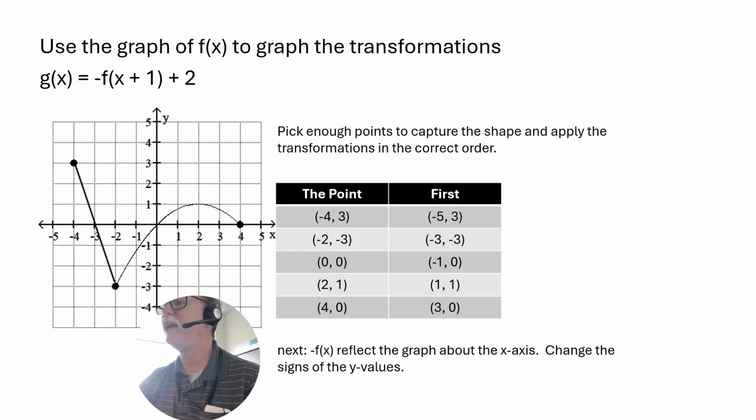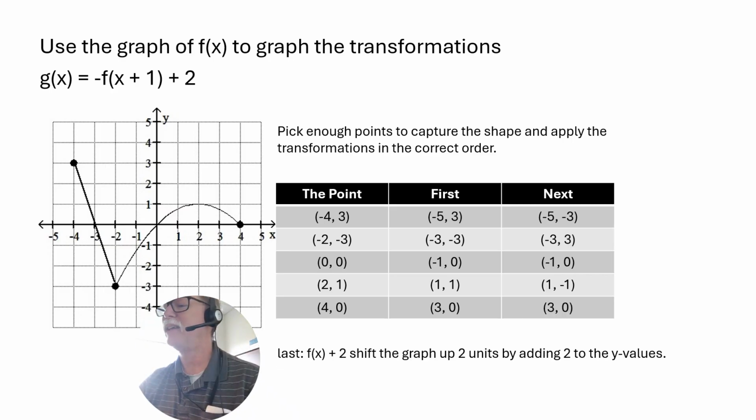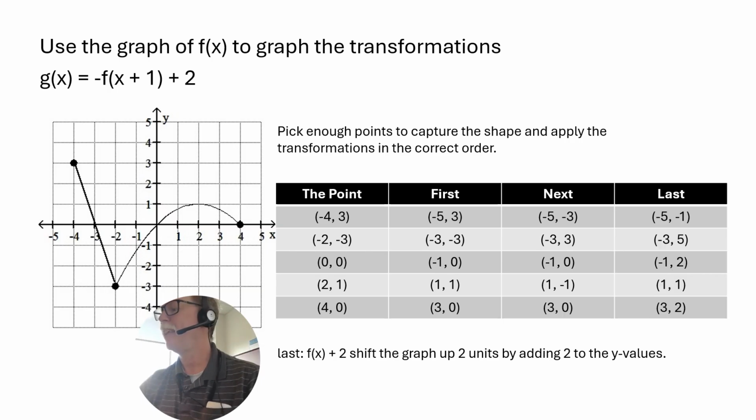So the next thing that we'll do is the reflection. So pause. How will that affect the points that we have listed there? Oop, you got it right. Awesome. And then our very last thing that we do is the shift up. So how will the points be after you shift up? There you go.